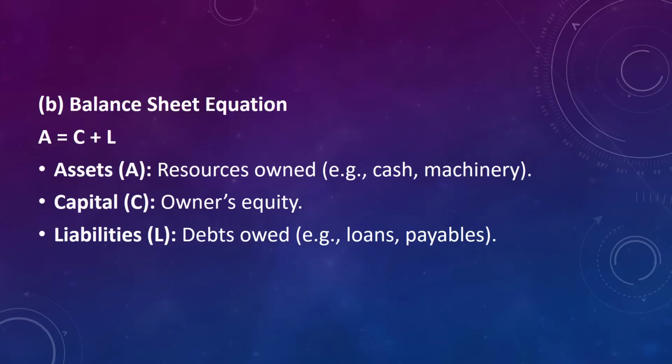You all know this equation? Did you all ever see this equation before? A equals L plus C, or C plus L. This is your accounting equation, or your balance sheet equation. I need you all to know this by heart.